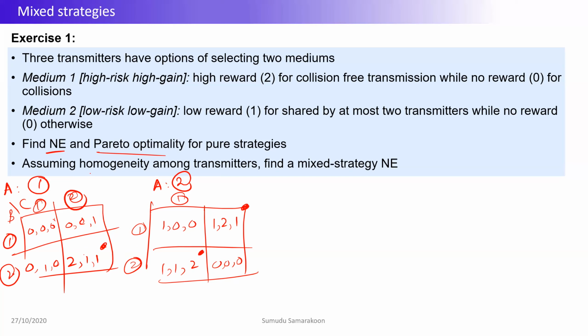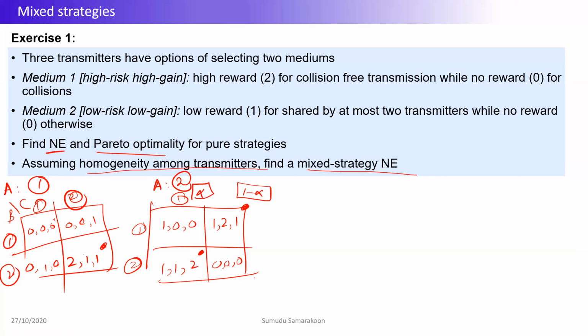Now we are asked to assume homogeneity among the transmitters and find the mixed strategy Nash equilibrium. That means all access medium 1 with probability alpha, while the second medium with probability 1 minus alpha.